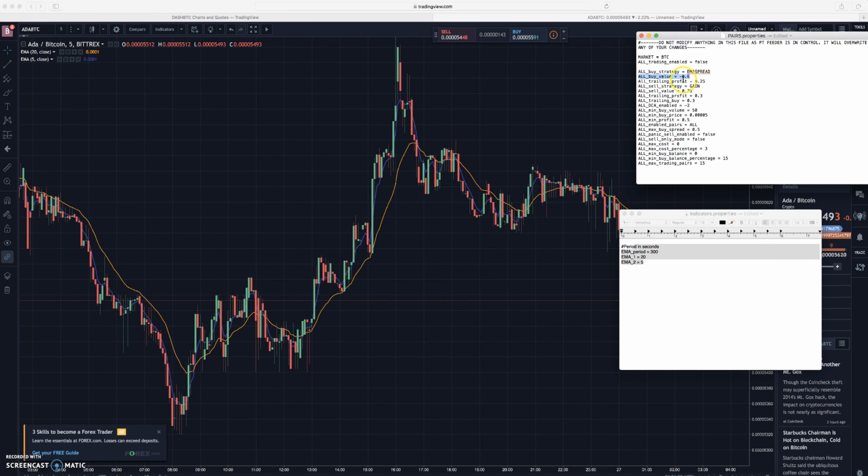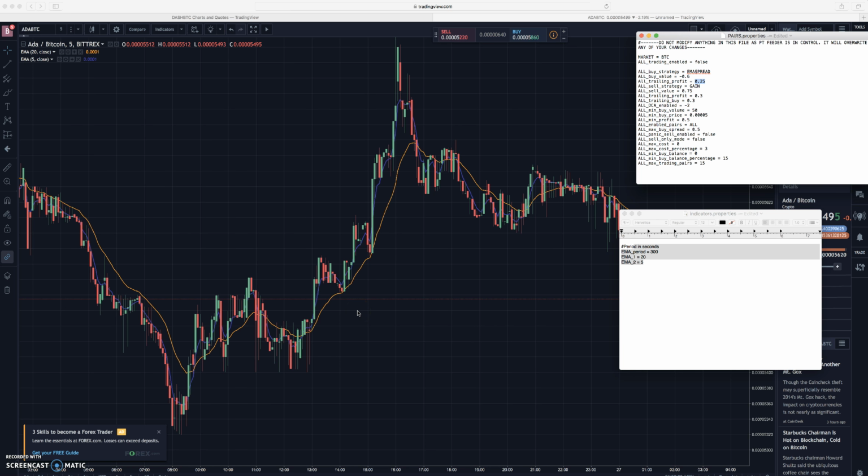So negative 0.6 is when the slower moving average drops and it meets the faster moving average at whatever value you put in. Simple as that. Once it rebounds by whatever number you put in here, it purchases that currency or that crypto.